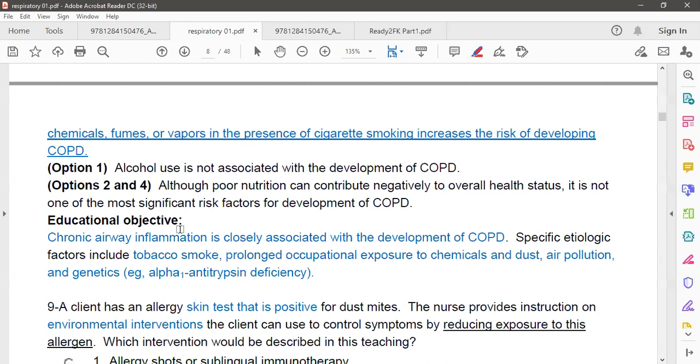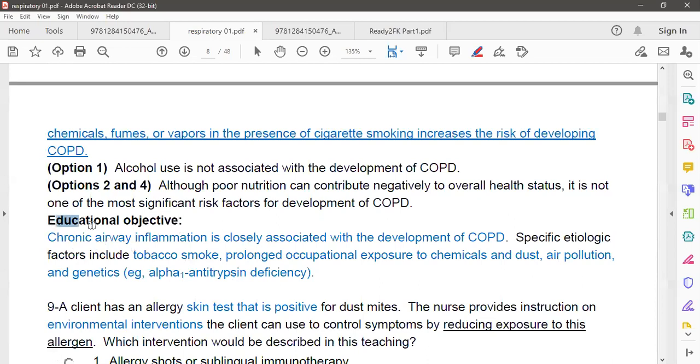Tell them to completely stop smoking, avoid exposure to the cold, give them influenza vaccine and pneumonia vaccine, right? It can prevent acute exacerbation. Usually when we give them medication, we give bronchodilators, anti-inflammatories, or mucolytic agents.